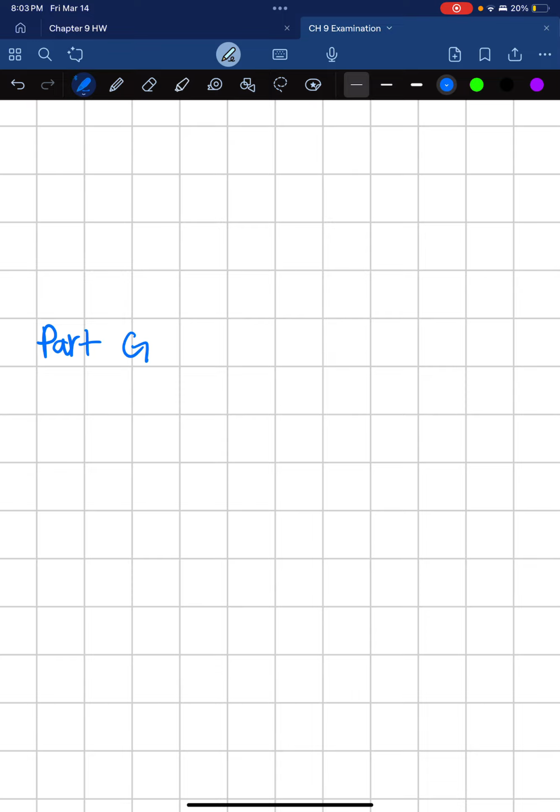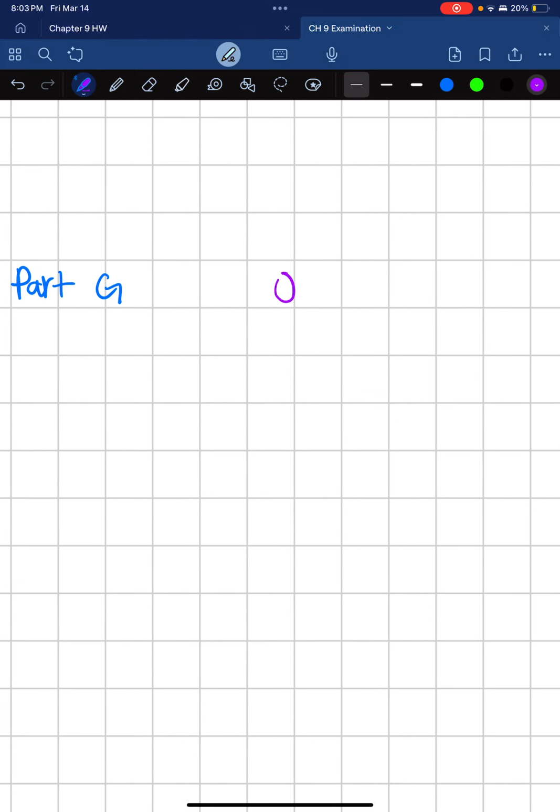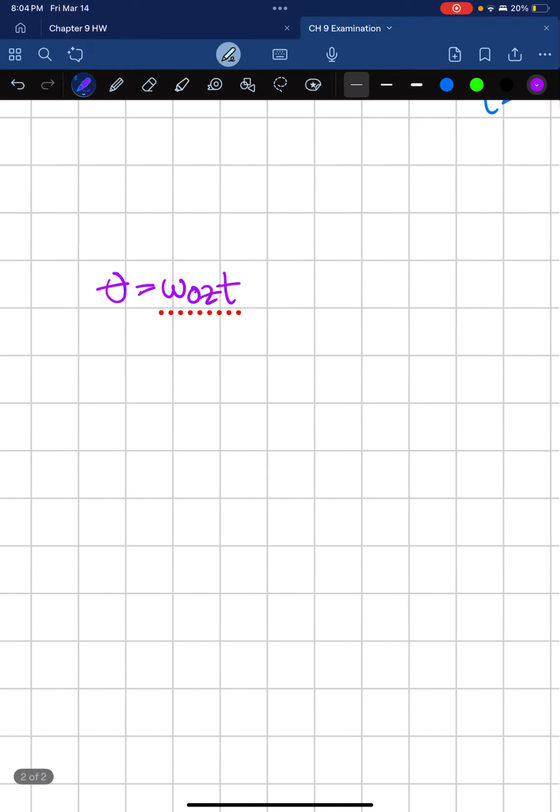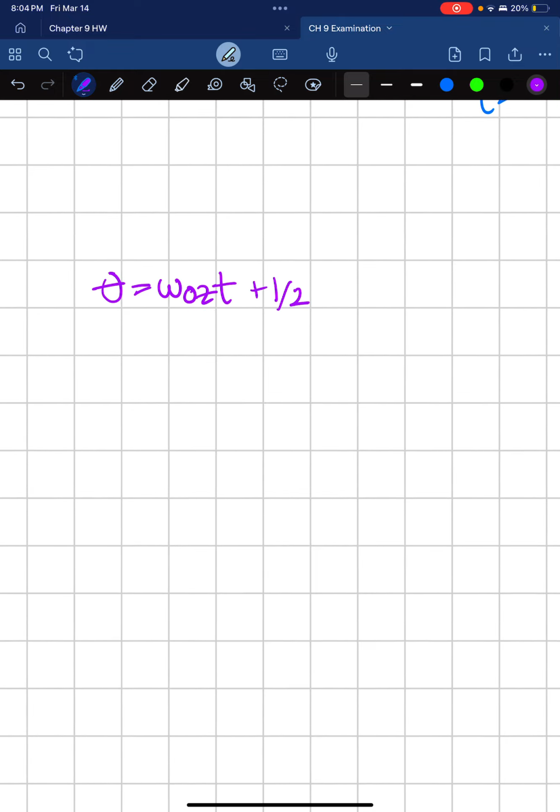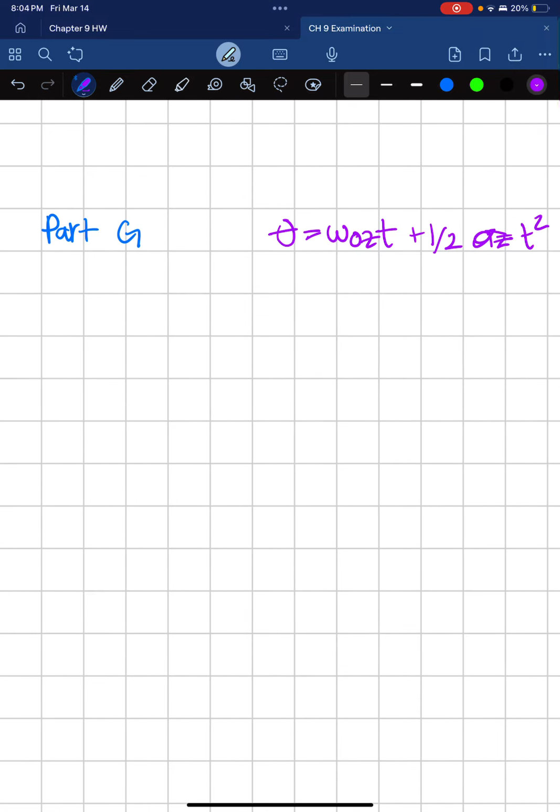Okay, so let's see what we can use for this. For part G, let's use the same formula. This is what we have: the initial angular velocity times time, plus one half the angular acceleration times time squared. Let's plug in what we have. So this is going to be the same, and then this is the same, and then that.